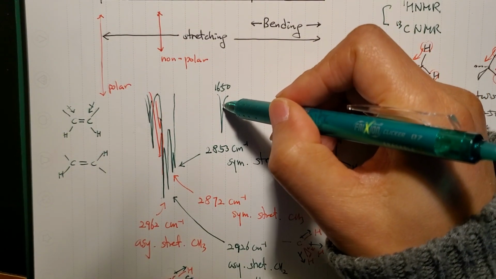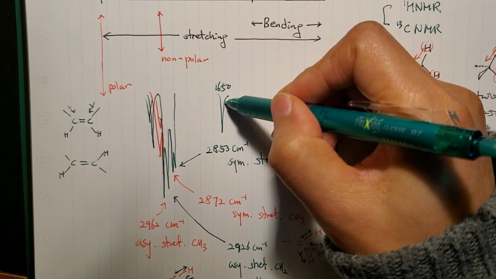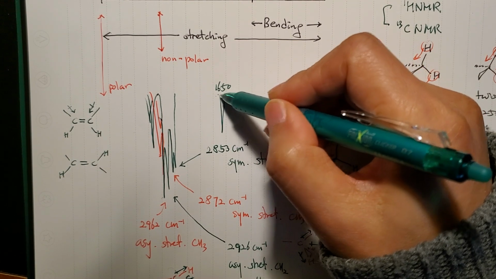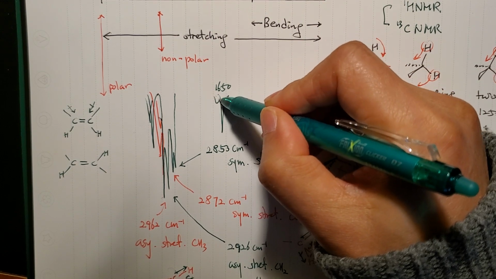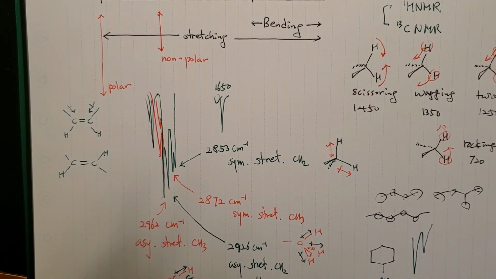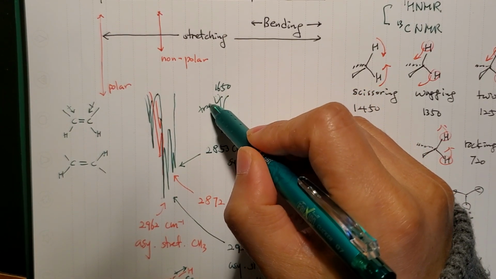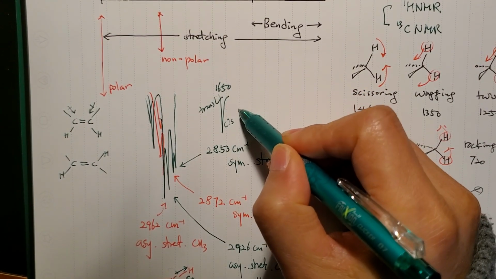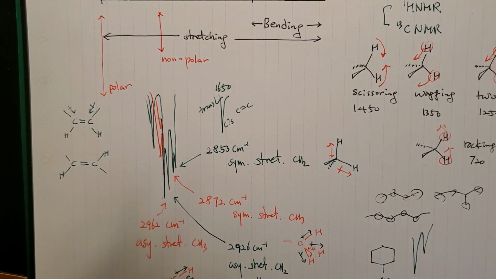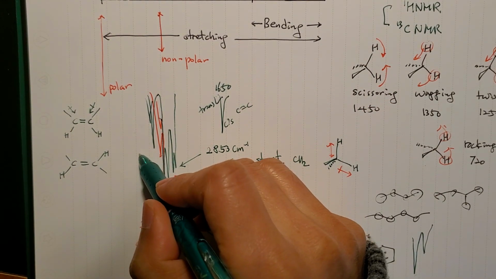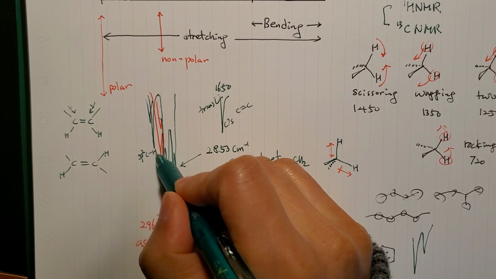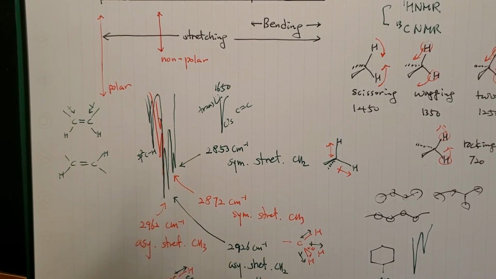And the carbon-carbon double bond stretching can sometimes be almost this size for trans. Okay, so trans, cis, carbon-carbon alkene double bond, and that for sp2 carbon-H stretchings here.